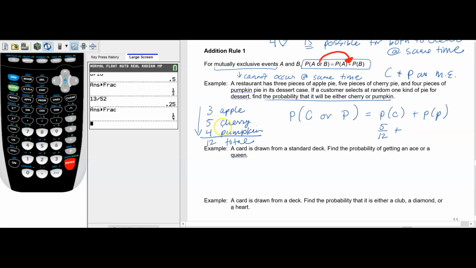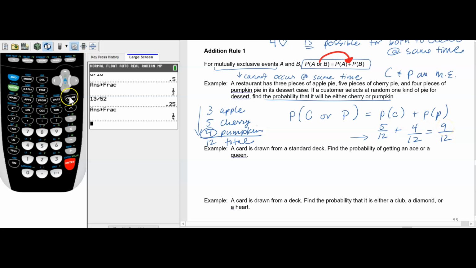And the probability of pumpkin is 4 out of 12 total. When you're doing probability, these denominators will almost always be the same, which is nice, because when adding fractions, the denominator just stays the same and you add the numerators. So 4 plus 5 is equal to 9, so the probability is 9/12.